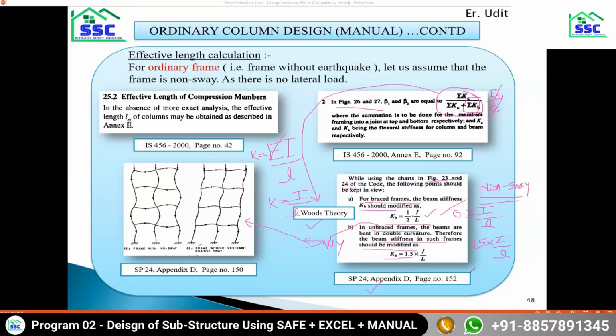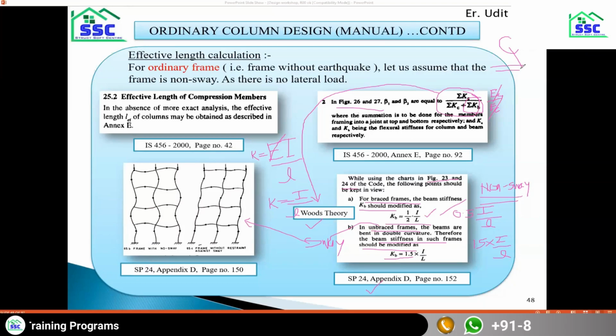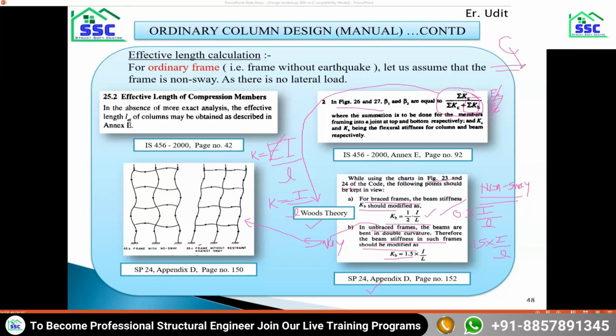Otherwise, my friends, your manual calculation of stability index Q or your classification of a frame into sway and non-sway will never match with what ETABS is calculating. And ETABS is considering SP24 Appendix D while calculating this stiffness factor KB, and this we have proved in our manual calculations, which will be shown ahead.